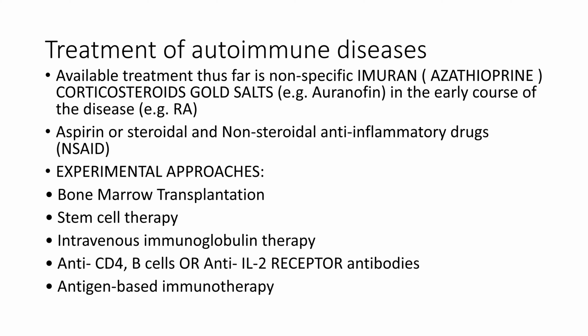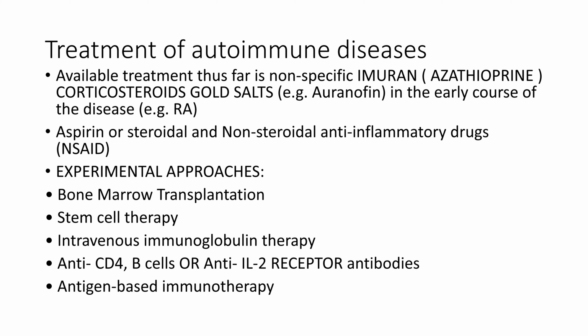For example, in SLE, we can detect anti-nuclear antibodies. In rheumatoid arthritis, we can detect rheumatoid factor and anti-cyclic citrullinated peptide, that is anti-CCP antibodies, whereas in idiopathic thrombocytopenic purpura we can detect antiplatelet antibodies.